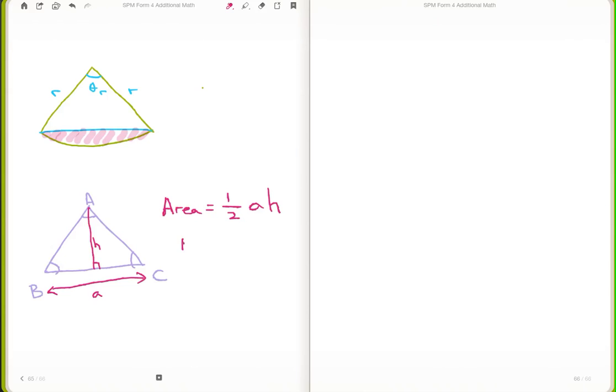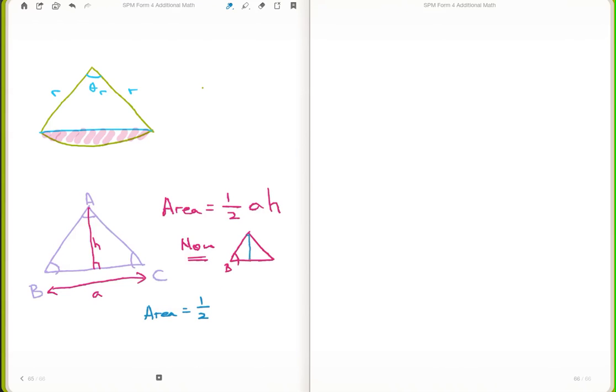But now, if you need to find out the area of a triangle that looks like this, given an angle of B, the equation can be derived from the previous area formula. The area now is 1 over 2.